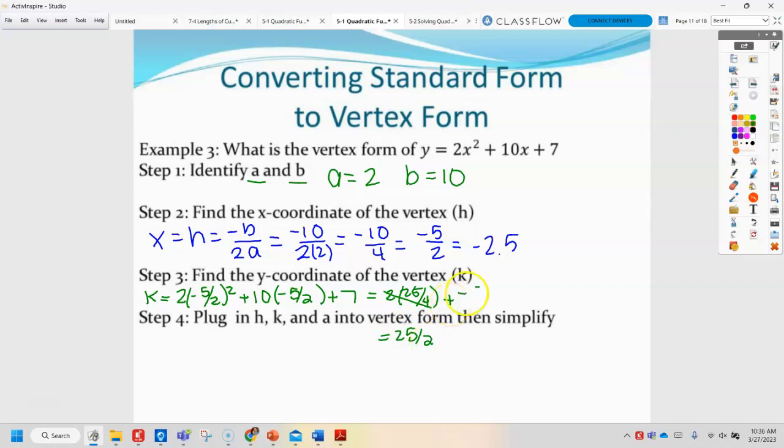Plus negative 50 over 2 plus 7, which is 14 over 2. So 25 minus 50 is negative 25. Negative 25 plus 14 is negative 11.